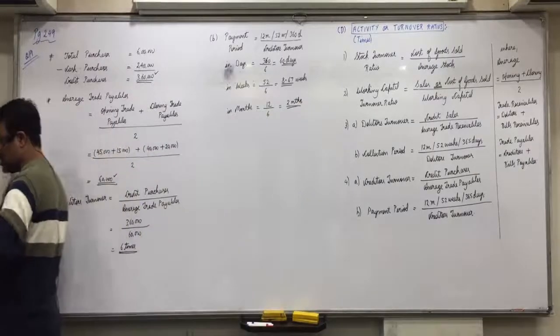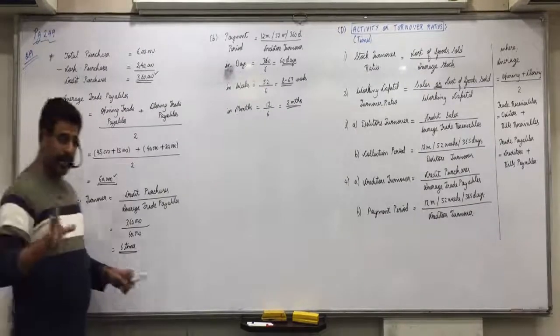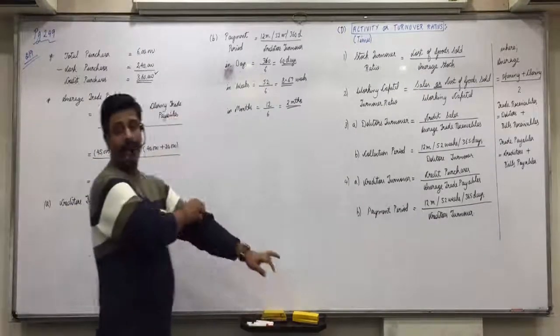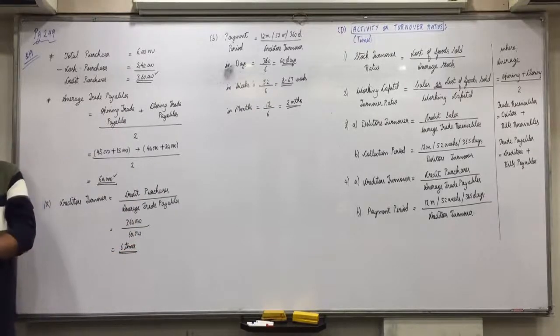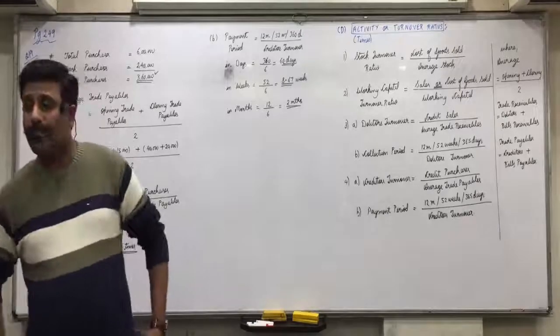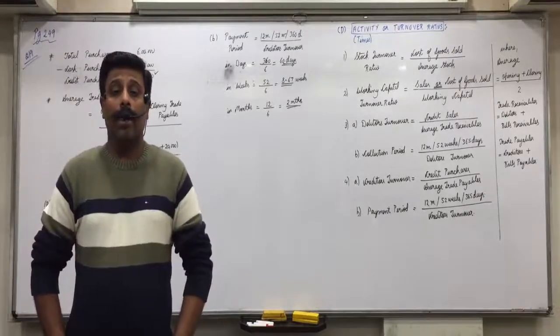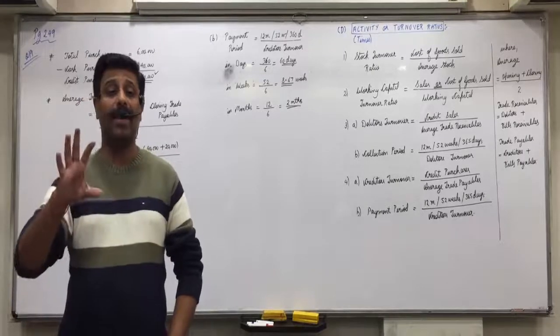So the chapter is a very scoring chapter. Are all clear with this? And be attentive to the BDR point that I was discussing. In current ratio and liquid ratio, in liquidity ratios, what did I tell you regarding BDR?